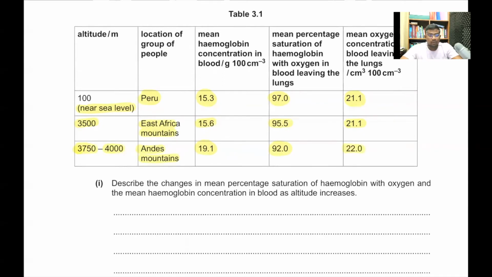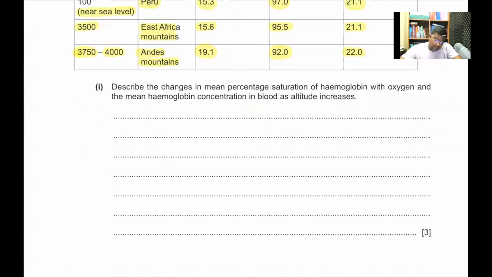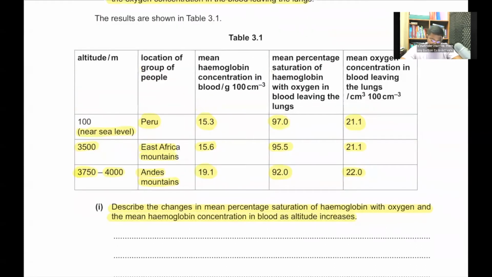Now the question says, describe the changes in mean percentage saturation of hemoglobin with oxygen and the mean hemoglobin concentration in the blood as the altitude increases. So definitely we can conclude that as the altitude increases, there is an increase in mean hemoglobin concentration in blood.